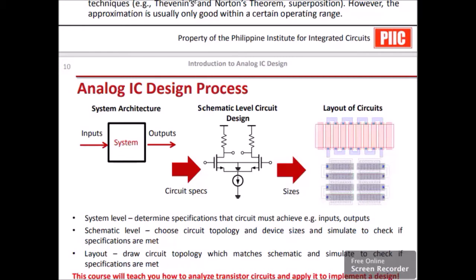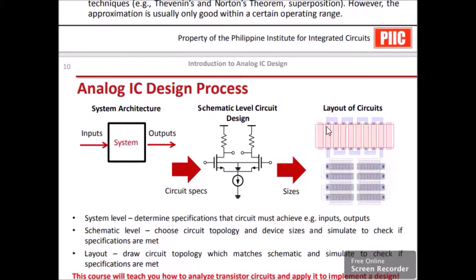And then after that will be your layout na. So pagka na-design mo na to, na-test mo na using this design, na-achieve mo yung gusto mong output, so okay na to, check na to, then you proceed to the layout. Yung layout naman, nasa ibang elective ito. Usually separate elective. Okay, so for this elective, we are focused on the system and the schematic level.